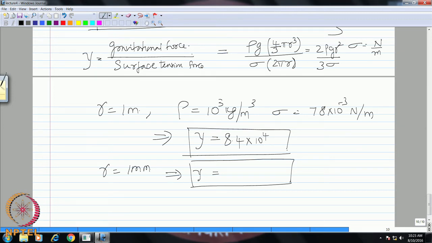And what about 1 millimeter? That is 8.4 into 10 power minus 2. So, reducing the size of the drop from 1 meter to 1 millimeter, that is 3 orders of magnitude we have brought down. The ratio of the volumetric force to the surface force has come down by 6 orders of magnitude.